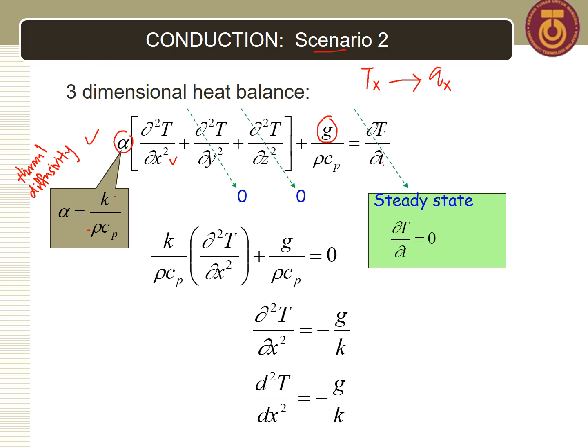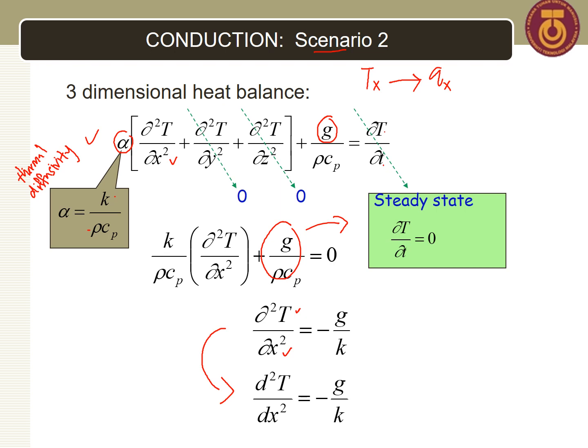Then we move this part to the right and rearrange everything. Then we can cancel out rho Cp. So at the end, this is what we obtain: d2T over dx2 equals negative G over K. I have mentioned already for scenario 1, this is the same, because under this kind of situation, temperature solely depends on distance, location x.